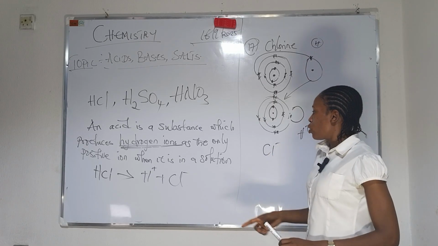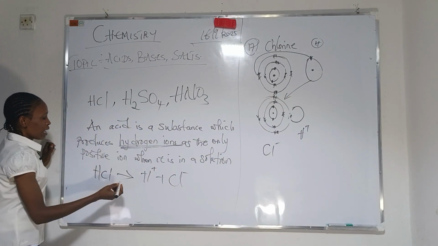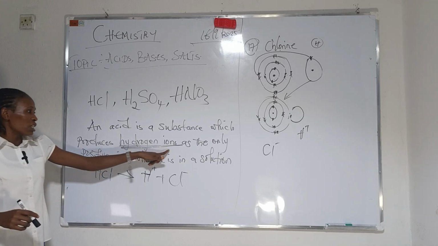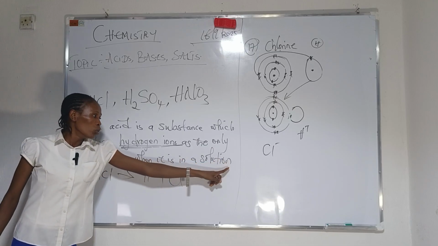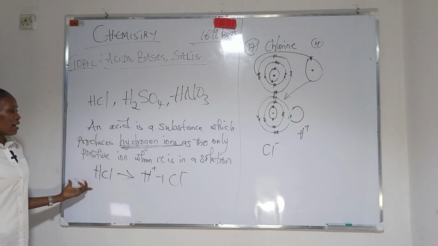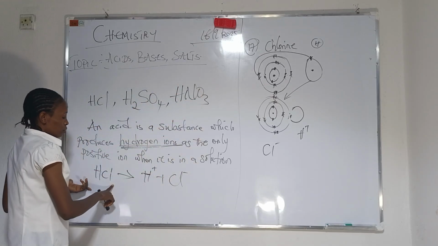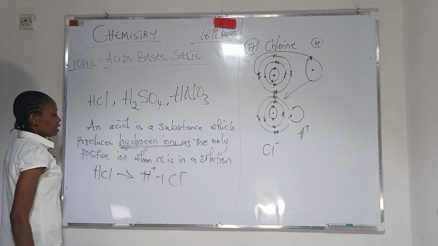All right. So back to my definition on this, which is acid: a substance which produces hydrogen ion as the only positive ion when it is in a solution. Look at what I have done now. I have split it from there. So this is now hydrogen ion and this is chlorine ion.